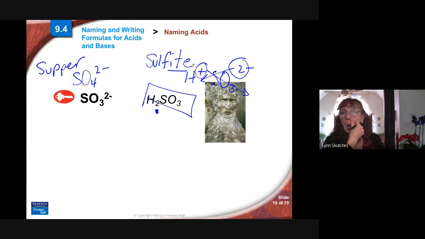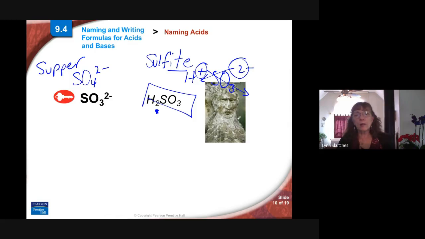This weird looking picture is a picture of a statue that's dissolving away somewhere in Europe. Unfortunately, sulfate with hydrogen and sulfite with hydrogen are part of acid rain, particularly from burning coal. Coal has a lot of sulfur in it, and that makes the rain more acidic than it should be. And so these old statues are dissolving literally away.